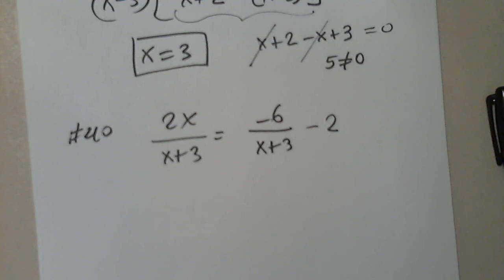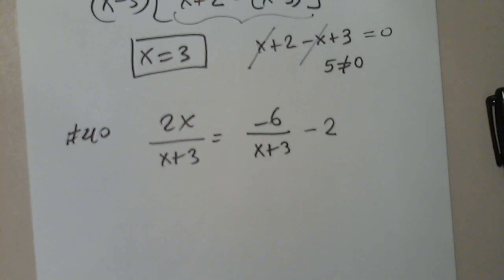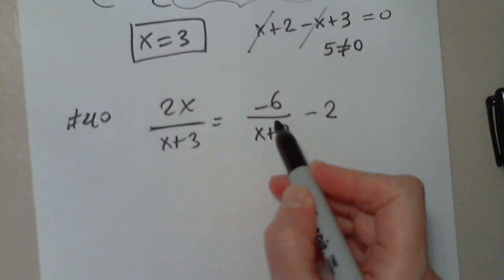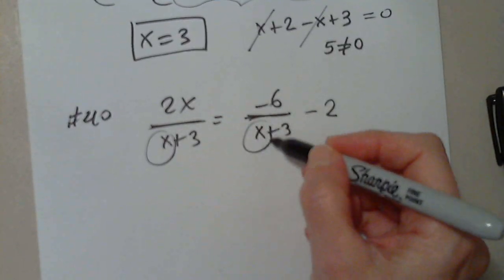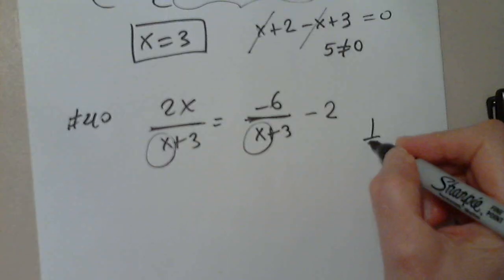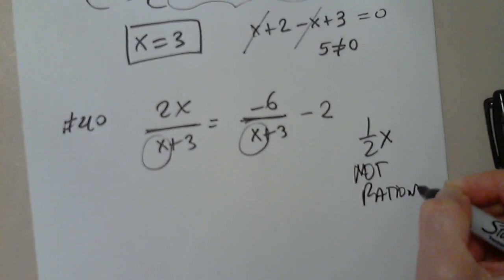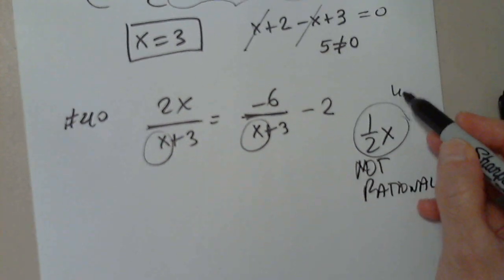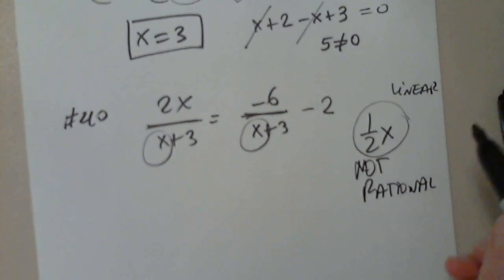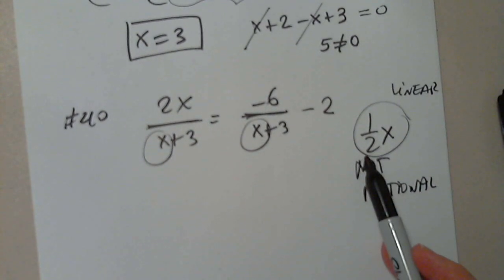Anyone would like to give it a shot? Rational? Yes, excellent. Yes, because it has a ratio and it has x in the denominator. 1/2 x is not rational. This is linear. There is no x in the denominator.